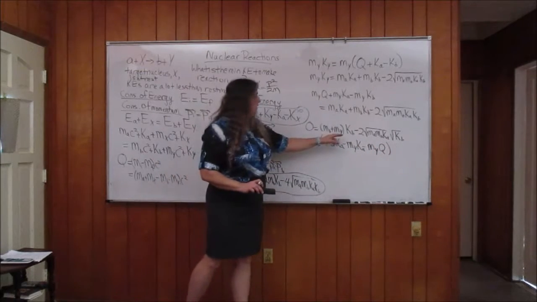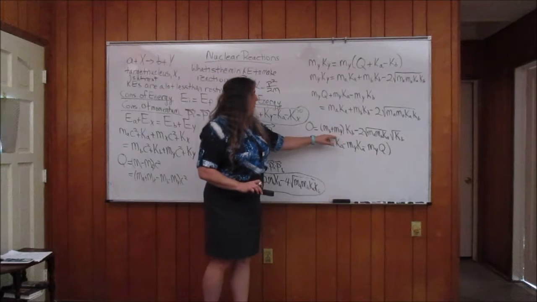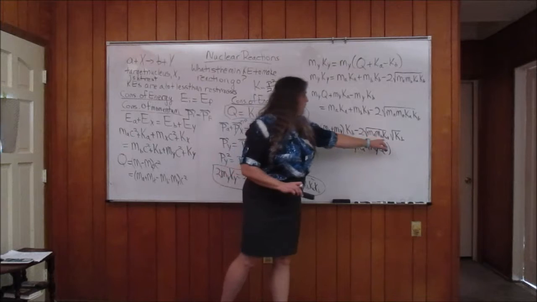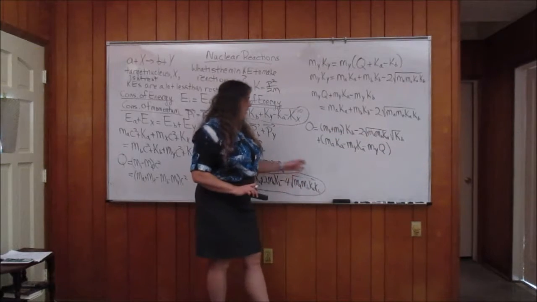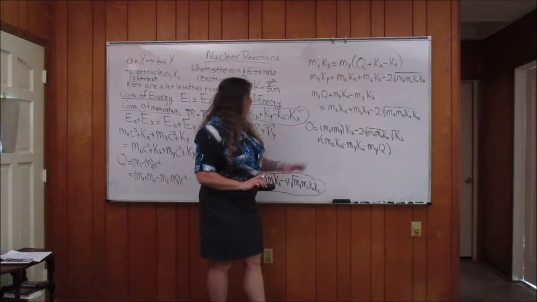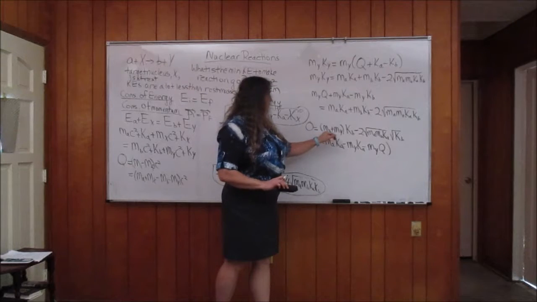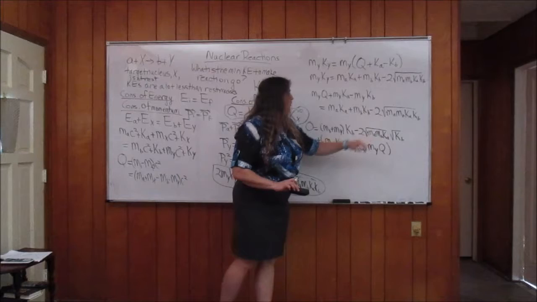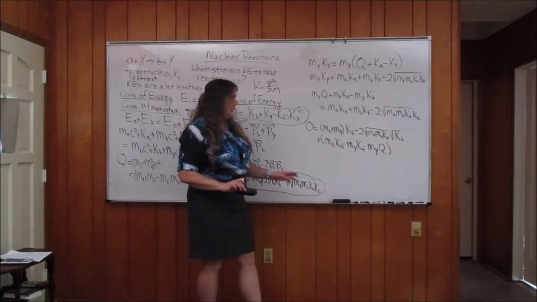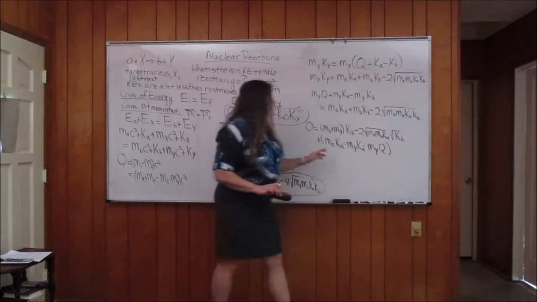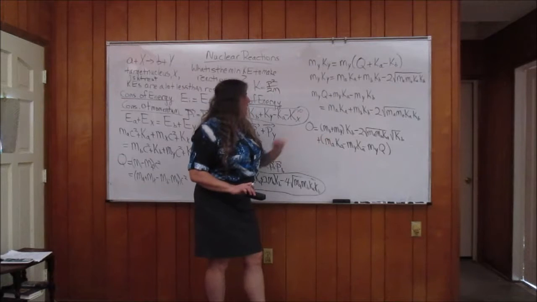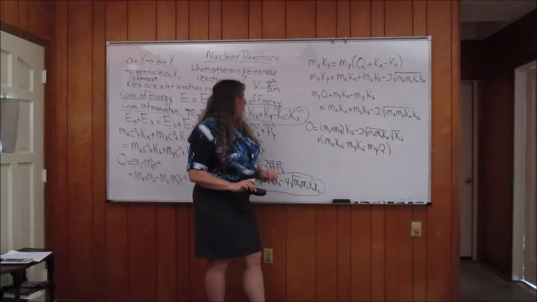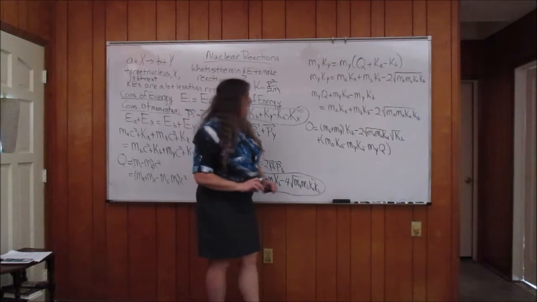So I just set the right sides equal to each other, and I've separated everything that's a factor of kb, everything that's a factor of square root of kb, and the remaining terms. So again, we have 0 is equal to mb plus my times kb, minus 2 square root of ma mb ka times square root of kb, plus ma ka minus my ka minus my Q, the reaction energy.